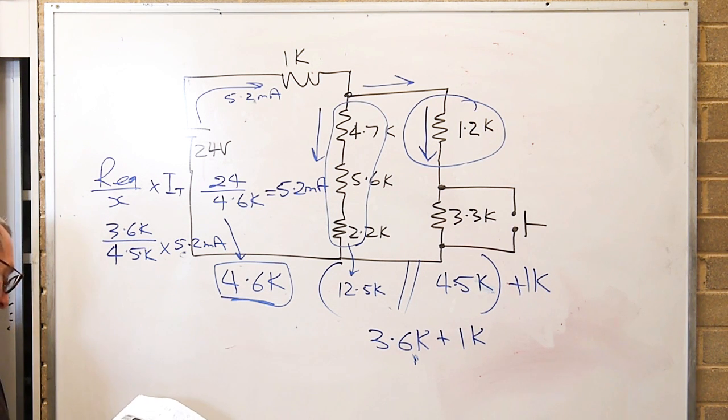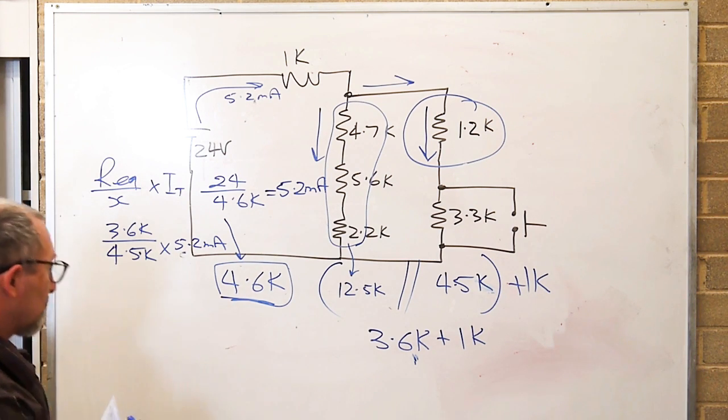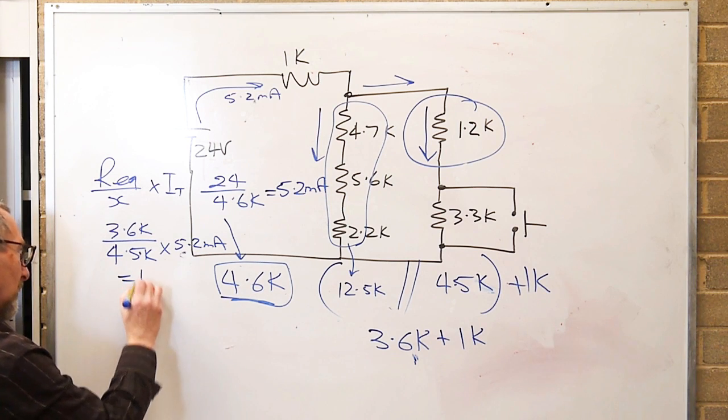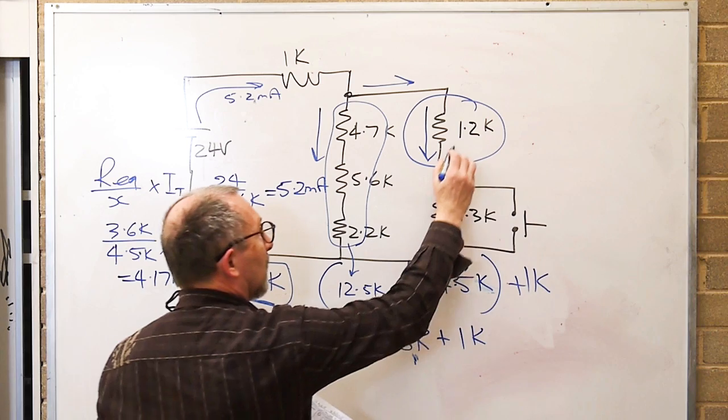So 5.2 milliamps times 3600 divided by, whoops, 4500, gives 4.17 milliamps coming down through here.